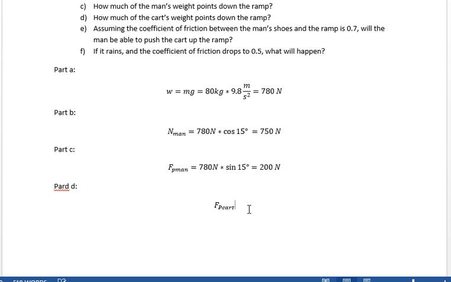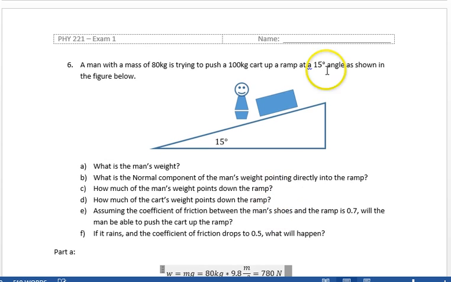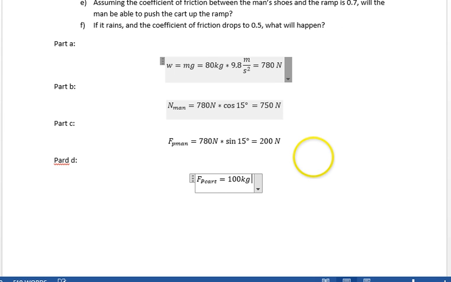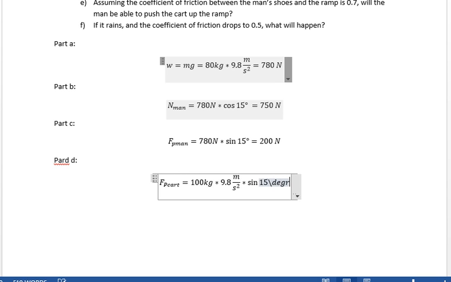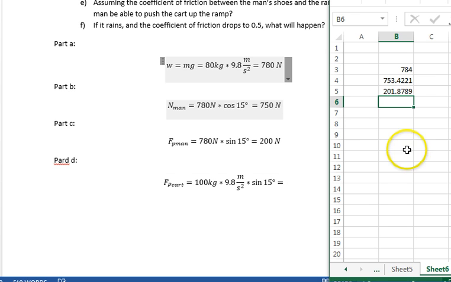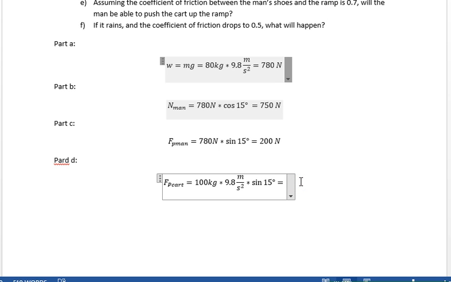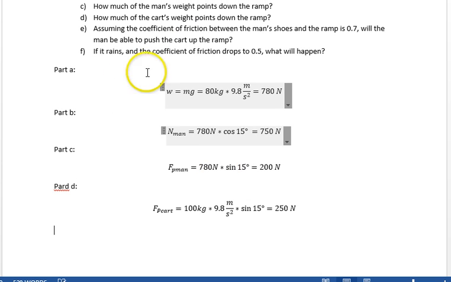The parallel component of the cart's weight is first its weight, with a mass of 100 kilograms times 9.8 meters per second squared, times, since we're asking for the component down the ramp, the sine of 15 degrees. So 100 times 9.8 times the sine of 15 degrees is 253, or 250 newtons. That's how much of the cart's weight points down the ramp.